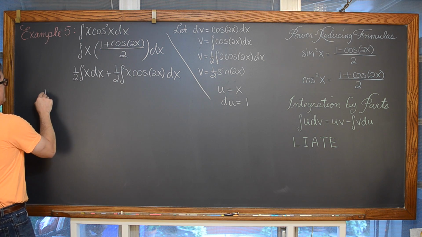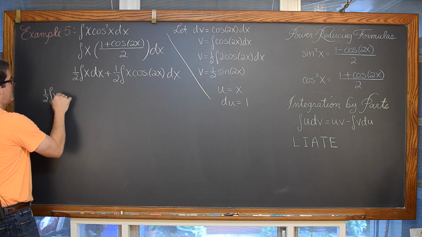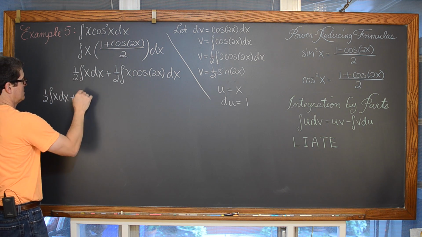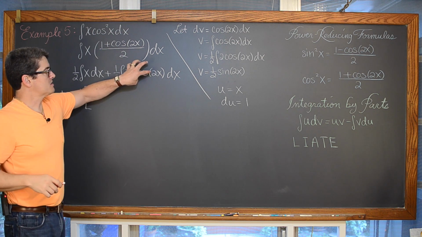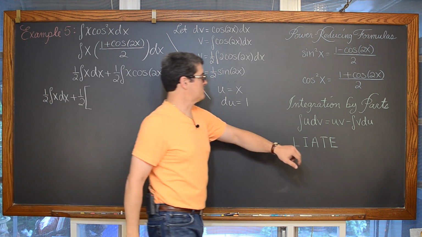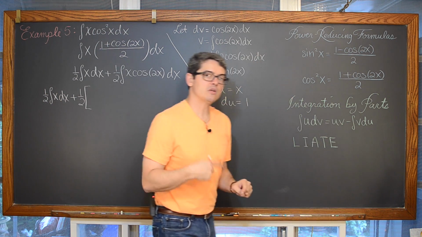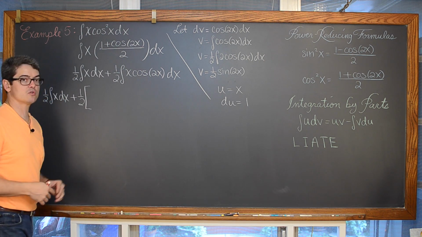So that means that I'm going to do all the integration at once. We're going to be looking at 1/2 the indefinite integral of x dx plus this 1/2 here. Now I'm going to put a big old bracket because this integral is being broken up into two terms. I want to make sure that factor of 1/2 gets distributed to both of those.